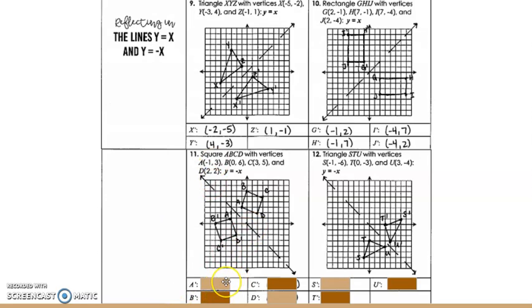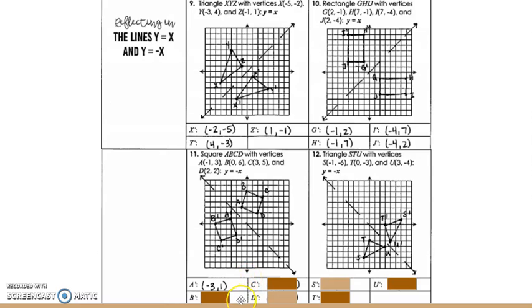So if we did A prime as an example, I would switch -1 and 3 to become 3, -1, but then I'm going to do the opposite sign. So it would be -3, 1.